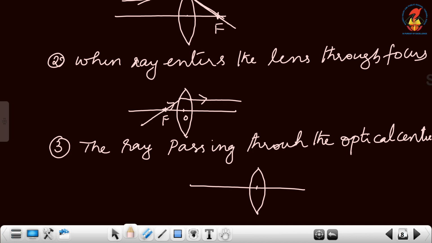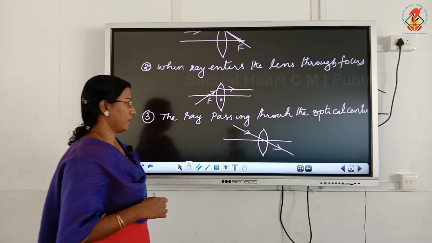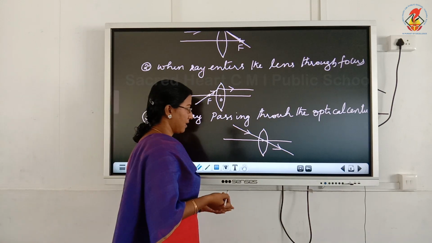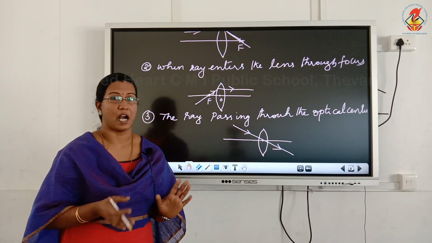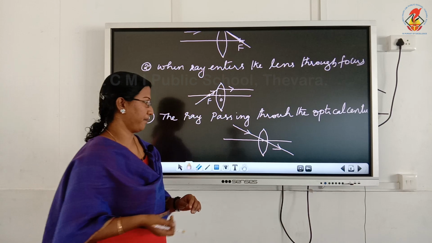Now if a ray enters through the optical center, then what happens? After refraction also, without deviation in its path, it will continue in the same path. So the ray which enters the lens through optical center after refraction remains undeviated in its path.